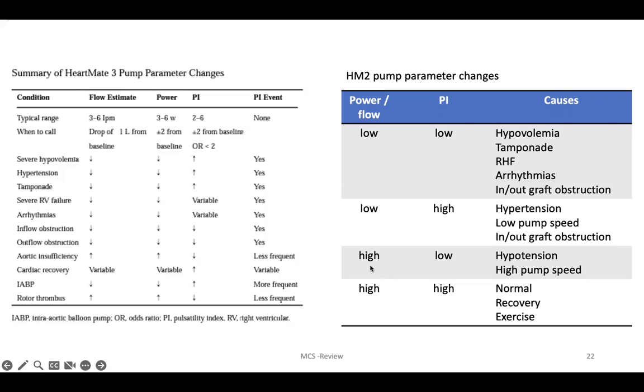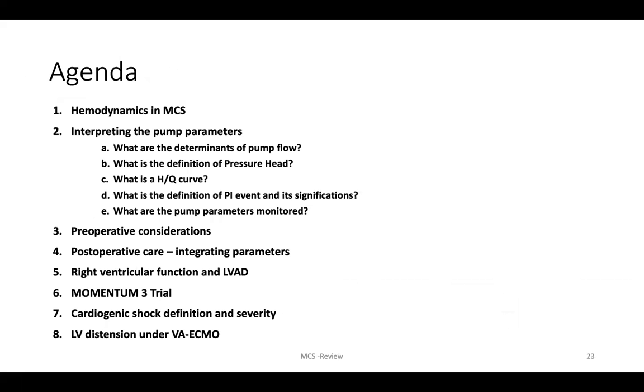If you have high flow and a low PI, it's more hypotension or high pump speed, and a high power, high flow, and a high PI, it's normal, or it's because of the recovery of the intrinsic LV function. And we're going to go through an algorithm to try to facilitate your thinking about these parameters.